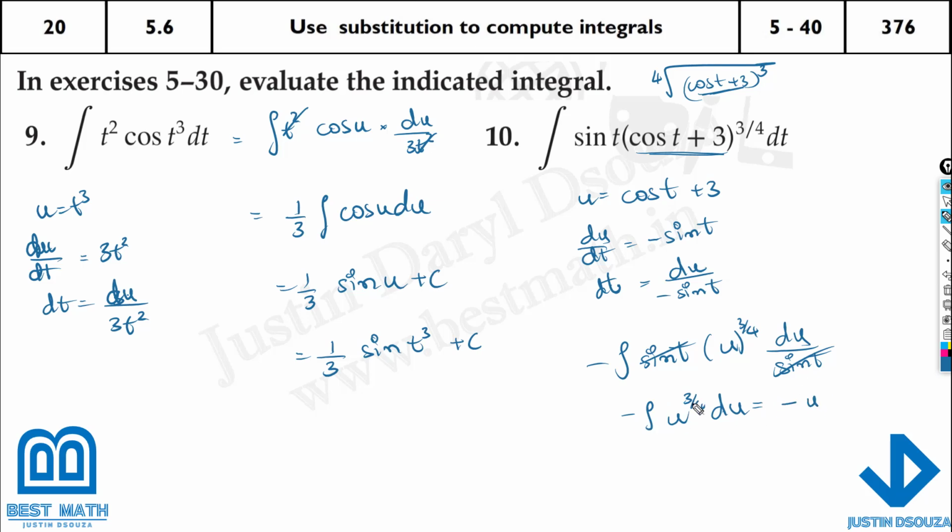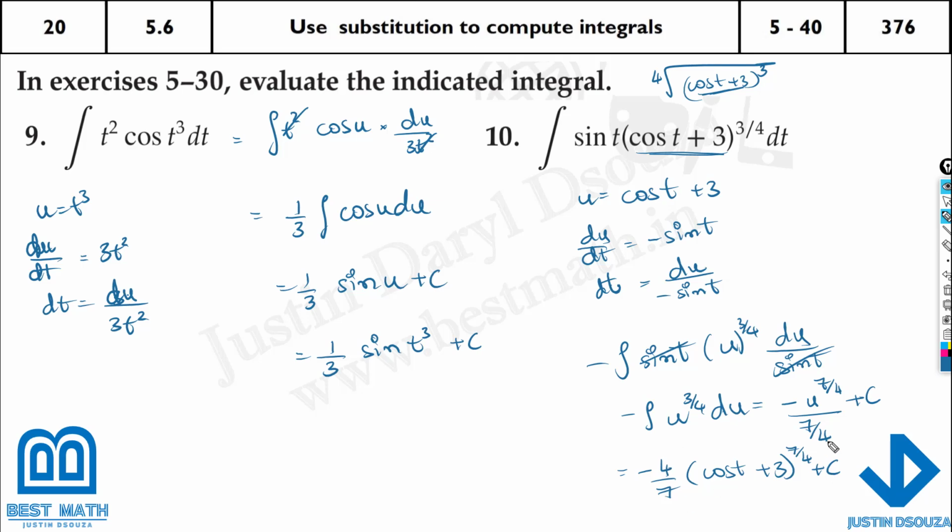You add 1 to the power: 3/4 plus 1 is 1.75, or 7/4. So it's u to the power 7/4, but don't forget to divide by 7/4 as well. We can rearrange that and write it as minus 4 by 7. This flips, isn't it? What is the u value? We assumed u to be cosine t plus 3, the whole power 7/4, plus c.